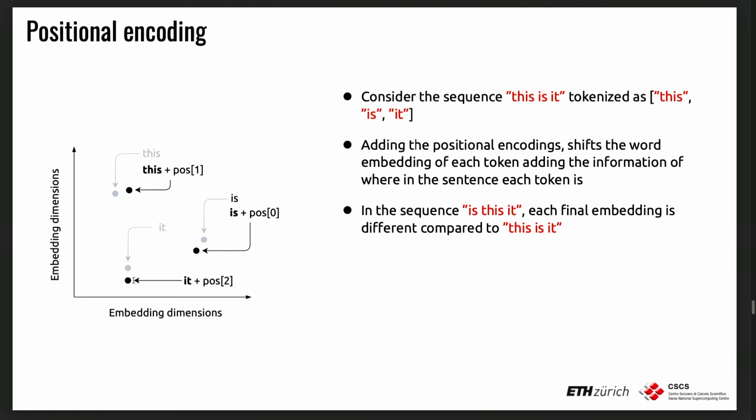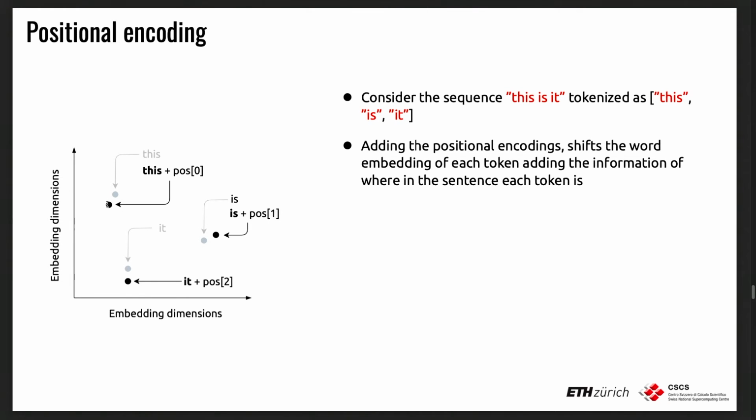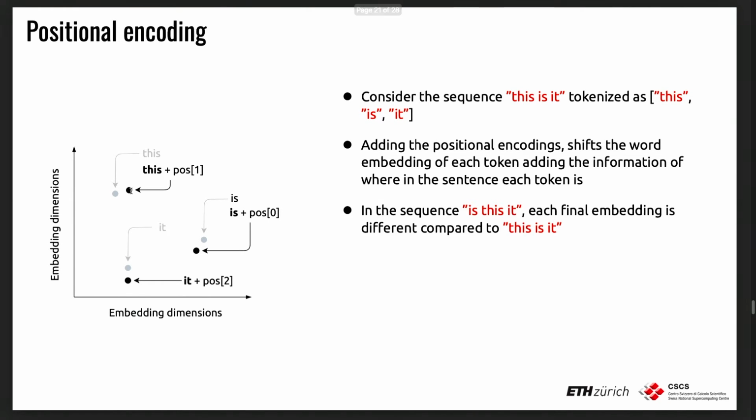And by these smaller shifts, when the model starts seeing many samples, it will start recognizing that all these small shifts are the same word. And when it finds that this is here, it's going to be at the beginning of the sentence. And when it finds that this is here, it's going to be in position 1, and so on.